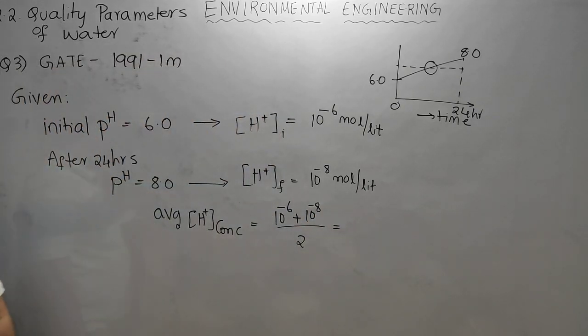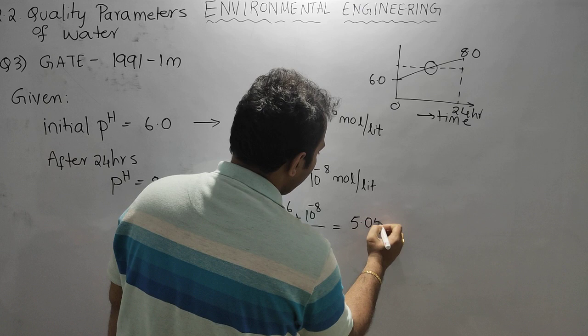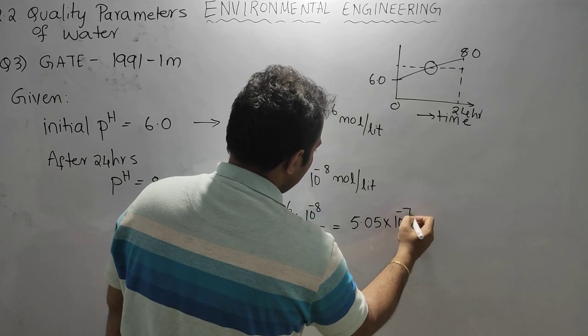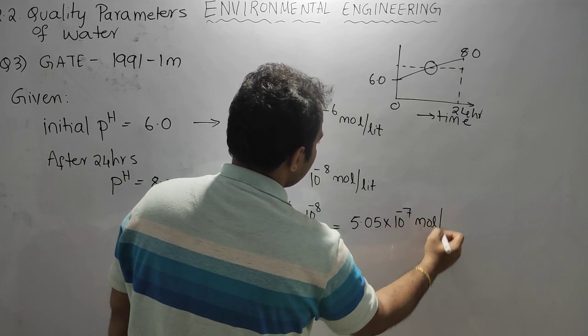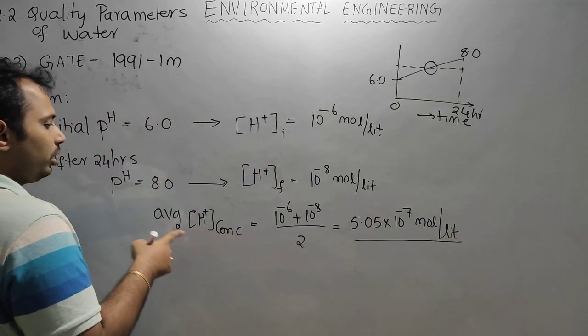If you do this, you will get 5.05 into 10 to the power of minus 7 mole per liter. This is the average hydrogen ion concentration.